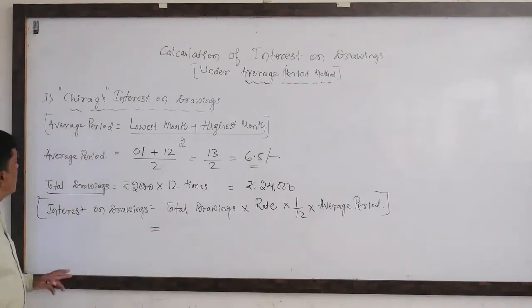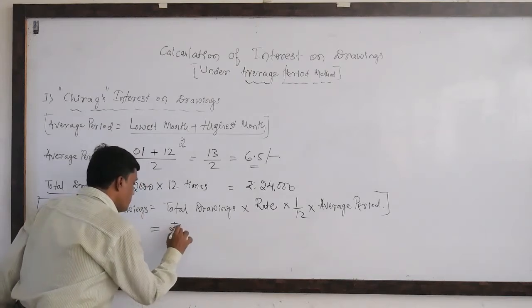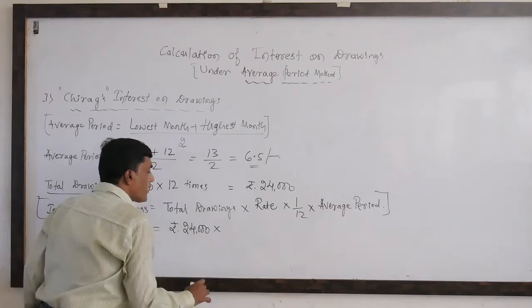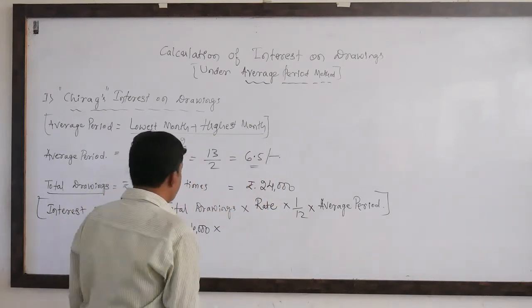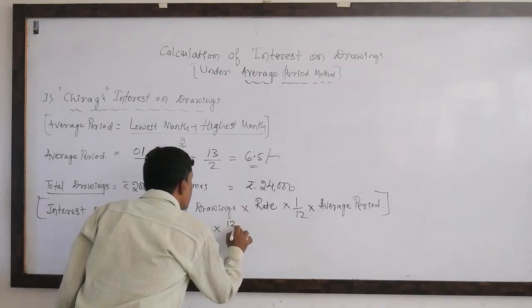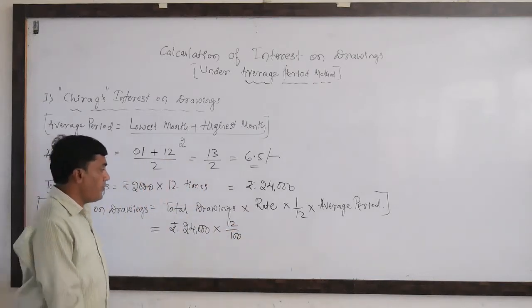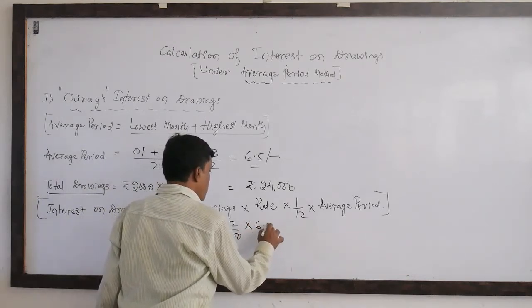Dear students, total drawings of rupees 24,000 into rate of interest 12 by 100 into average period 6.5.